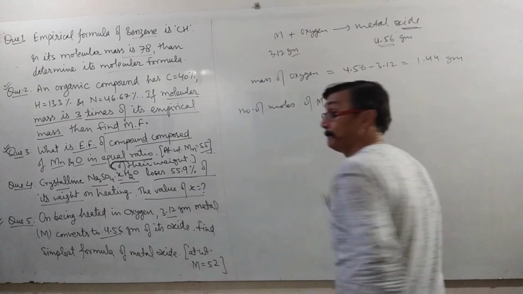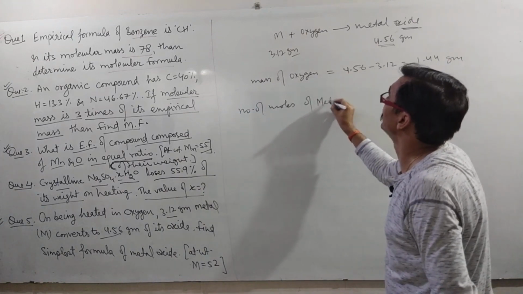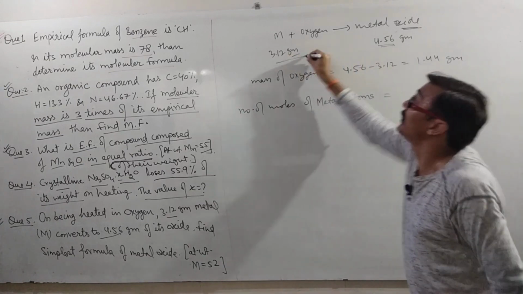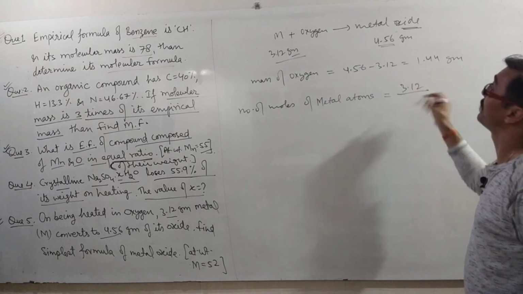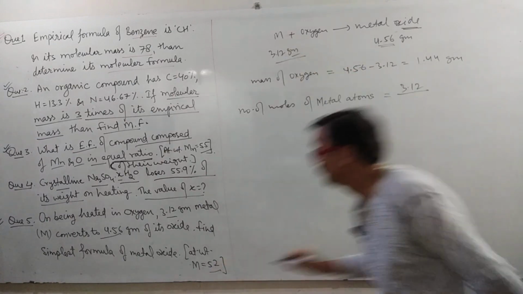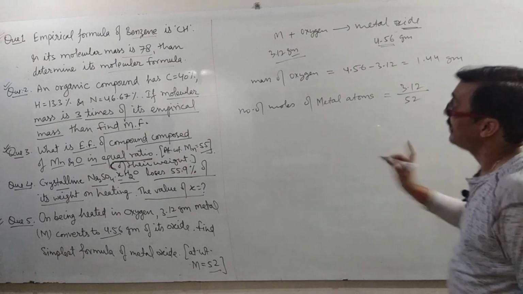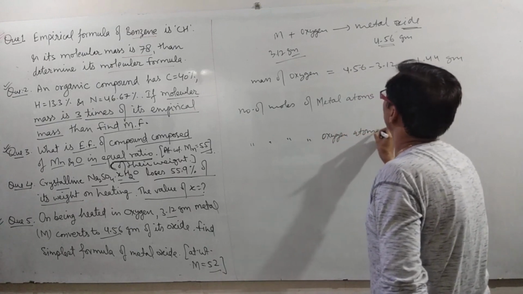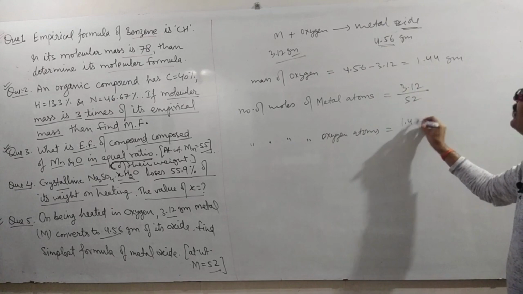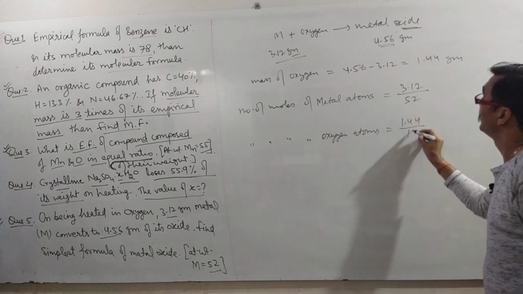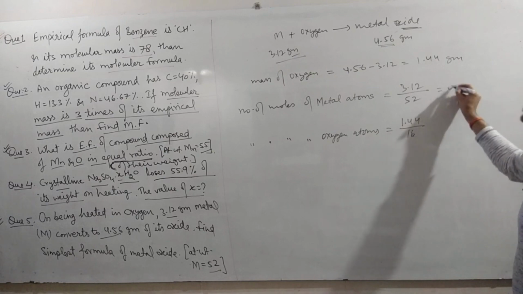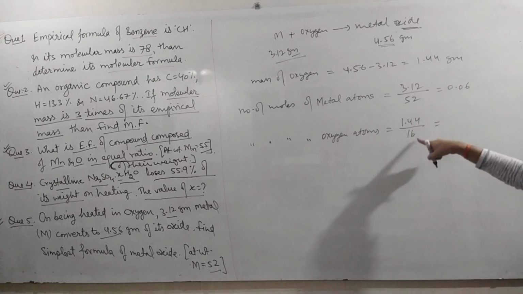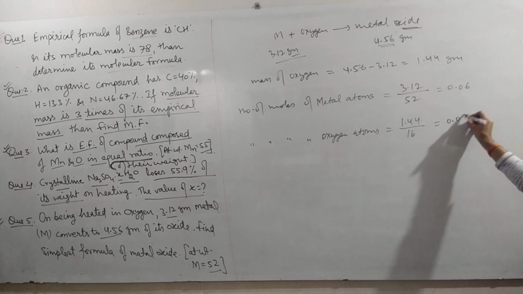So the number of moles of metal atoms is the mass of metal, 3.12 gram, divided by the atomic mass of metal, given as 52. The number of moles of oxygen atoms is the mass of oxygen, 1.44, divided by atomic weight 16. That is 0.09, and the metal is 0.06.